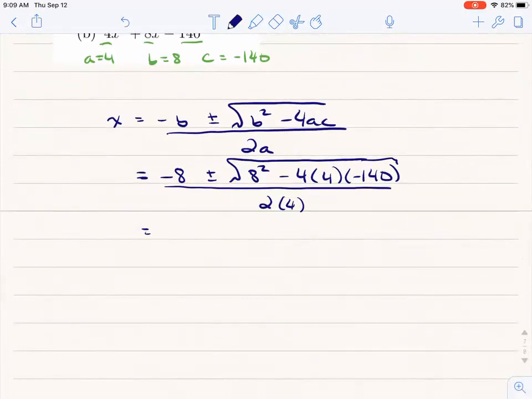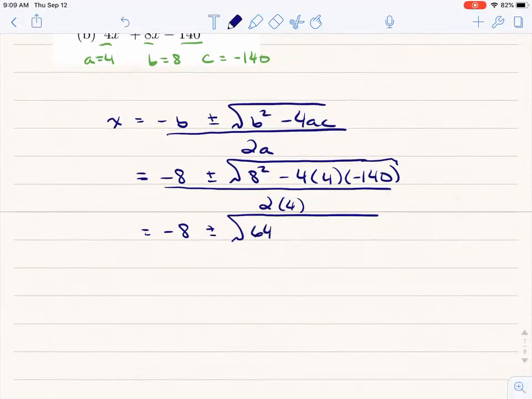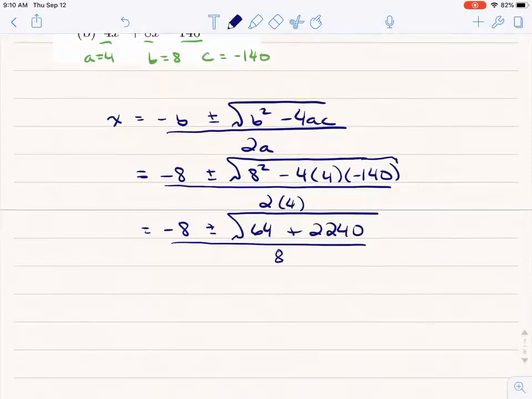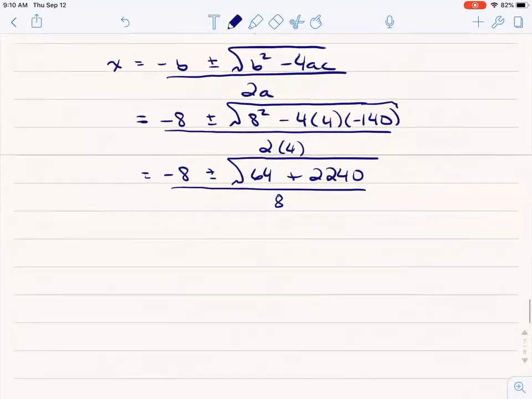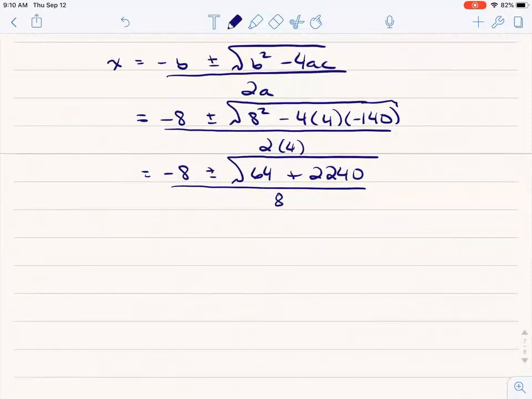Simplifying in there, we get -8 plus minus 8 squared is 64, and then plus 2,240 if we multiply that all out, divided by 8. Which is -8 plus minus 48. Once we add 64 and 2,240 and then take the square root, we get 48, divided by 8.